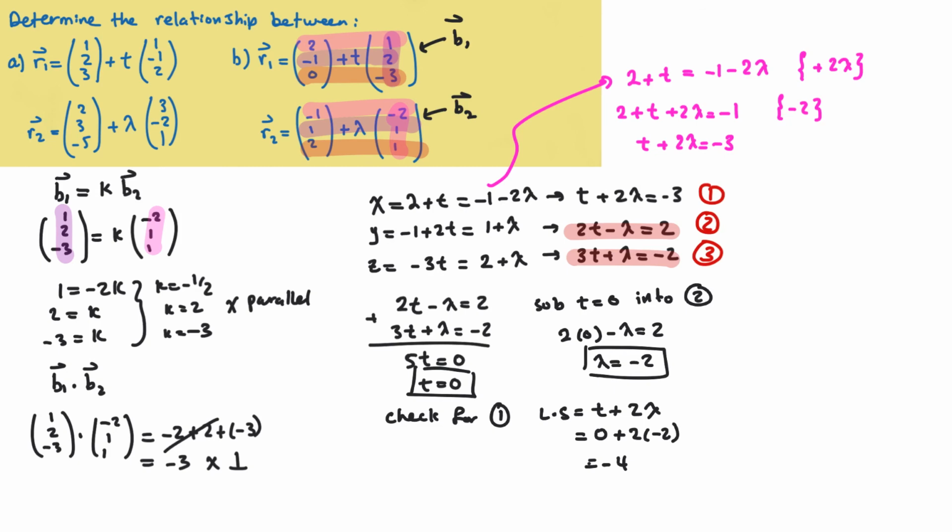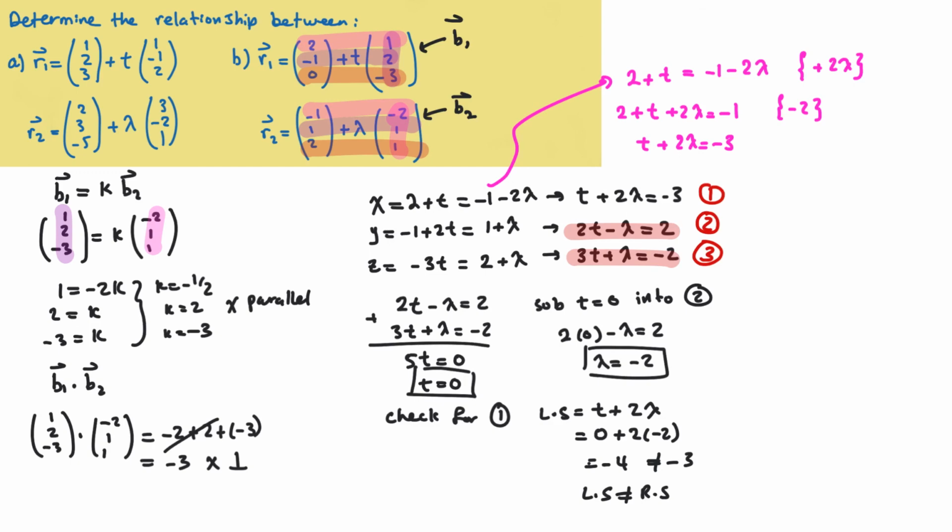Our right-hand side here is equal to negative 3, so these are not equal. Since the left side does not equal the right side, that means that the lambda value, which is equal to -2, and the t value that is equal to 0, work nicely for the y and the z coordinates, but it's not consistent for the x coordinates here.